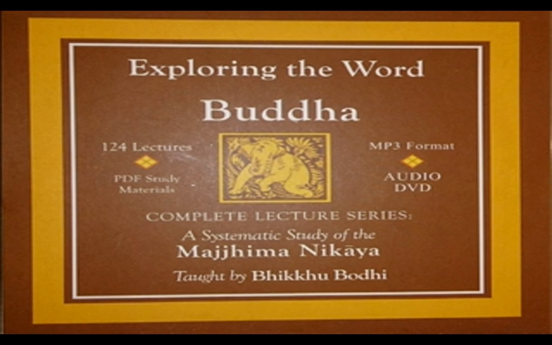In other words, one would have to have what we call paramis, well-developed spiritual qualities over previous lives. But the trigger point for the attainment of stream entry is this seeing of the Dhamma.